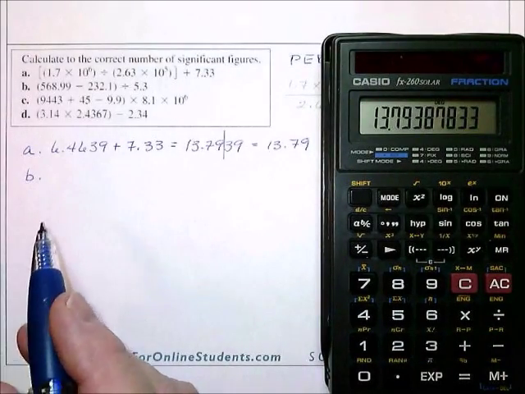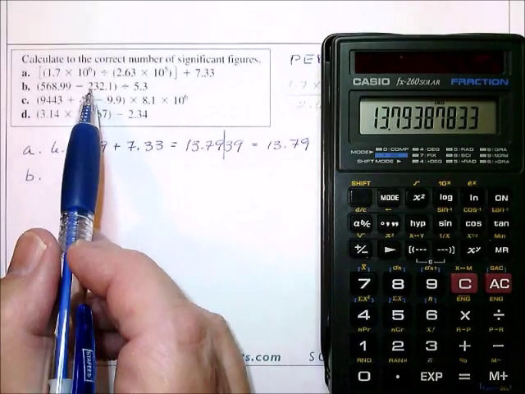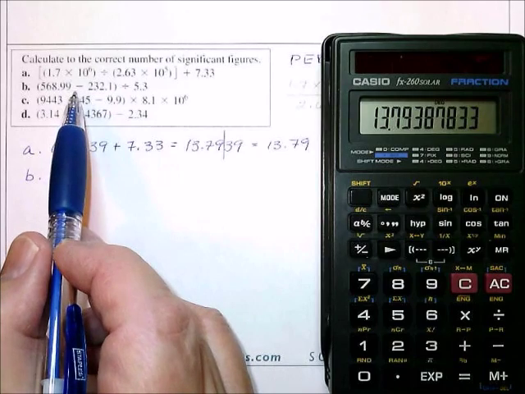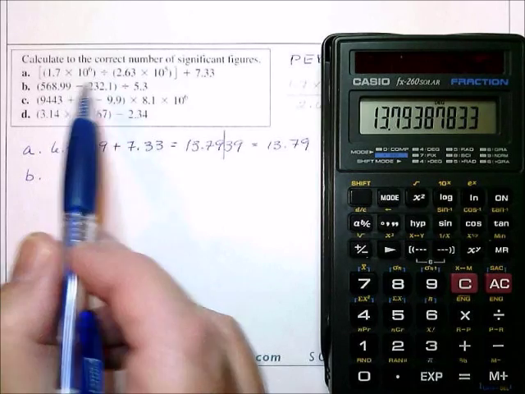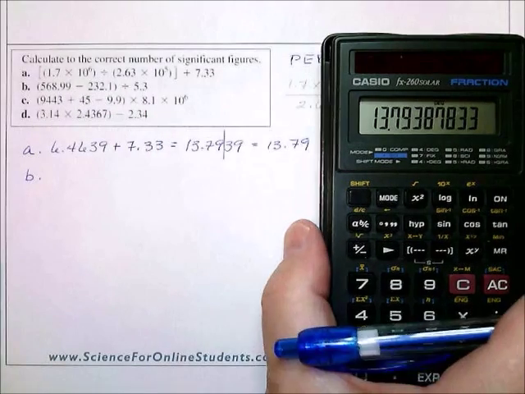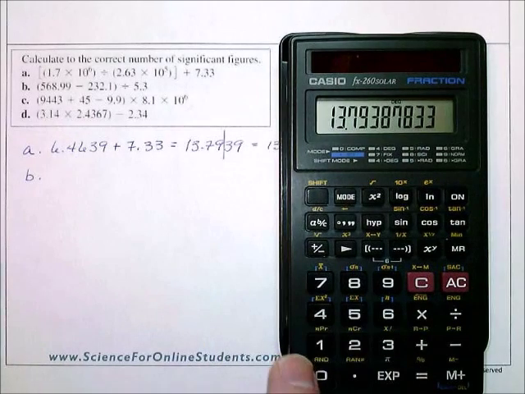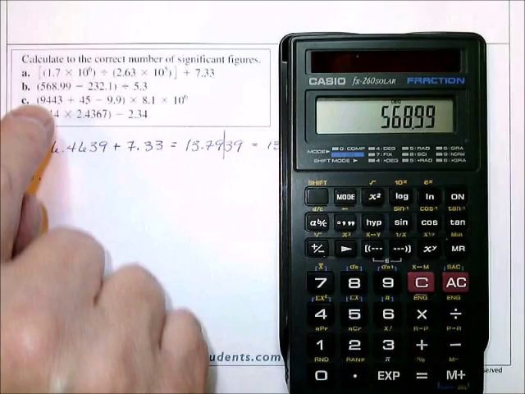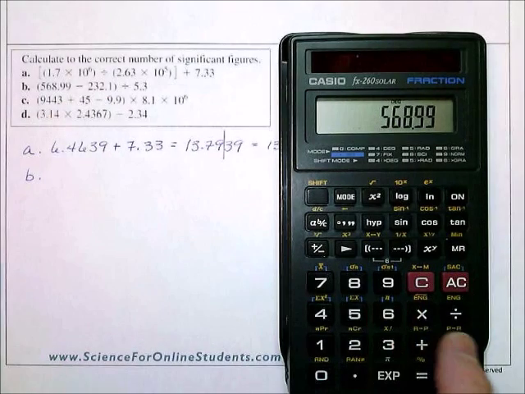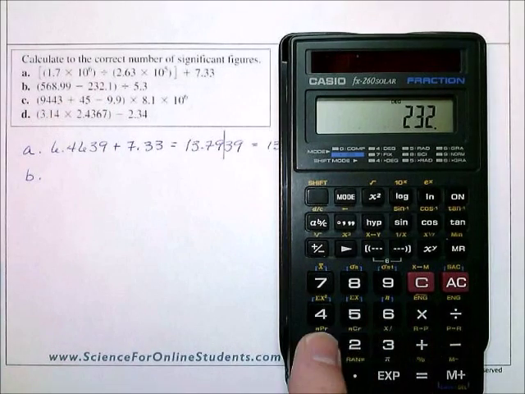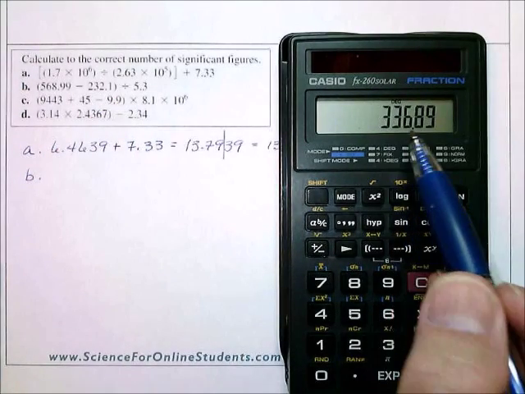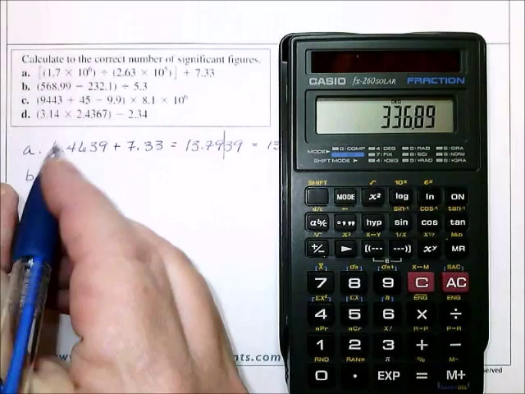We have this subtraction in parentheses, so we will do this first, and then we will divide by 5.3. So 568.99 minus 232.1 equals 336.89.